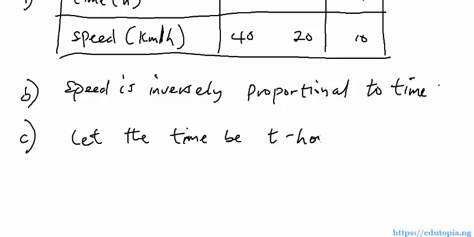Let the time be t hours. So we compare the time of t hours and the speed of 18 km per hour with the time of 4 hours and the speed of 10 km per hour, using the table.